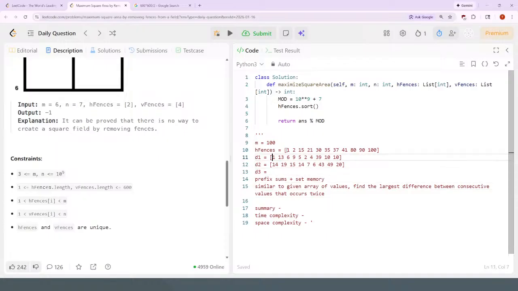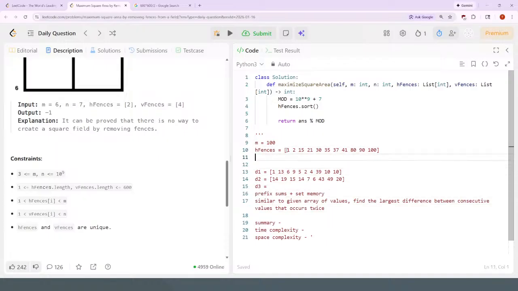So if I did some sort of prefix sum here, the prefix array is going to be 1 plus 2 is 3 plus 15 is 18 plus 21 is... Does this work? I can't imagine this being the correct... Yes, H fences is like the prefix.